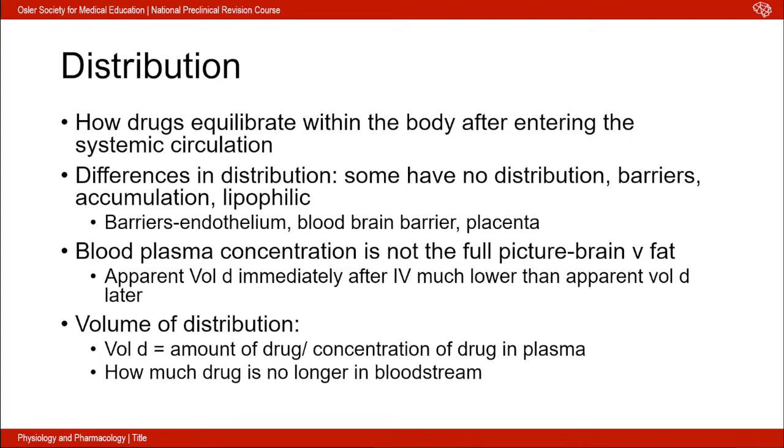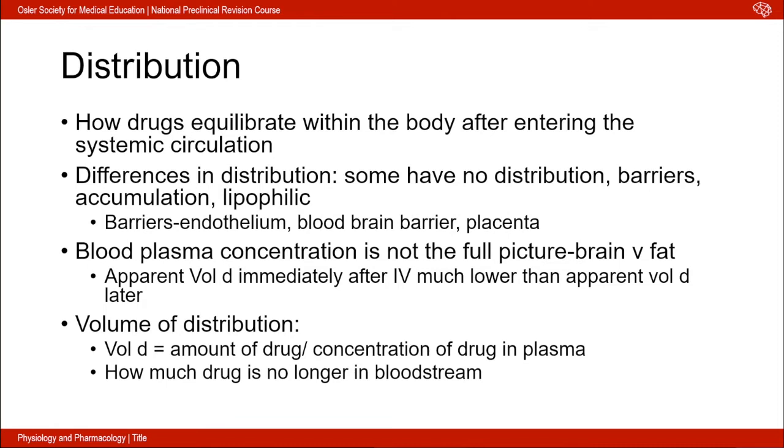And there's a lot of different factors that determine how this distribution comes about, with some drugs having almost no distribution, the barriers that these drugs have to cross, whether they accumulate in certain tissues, and again, lipophilicity.